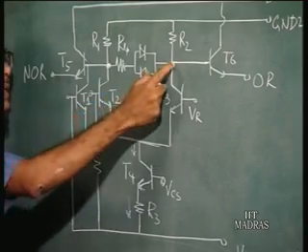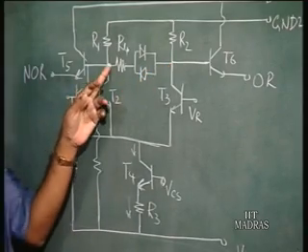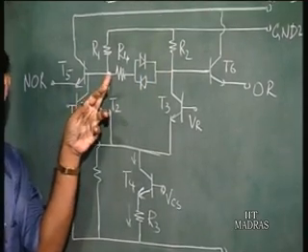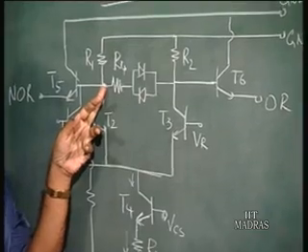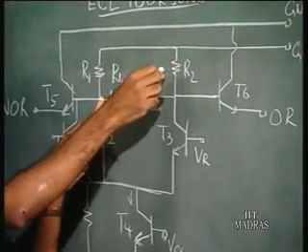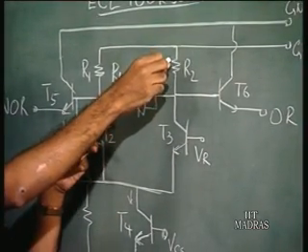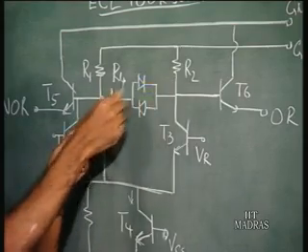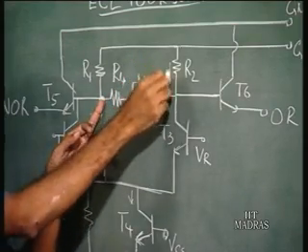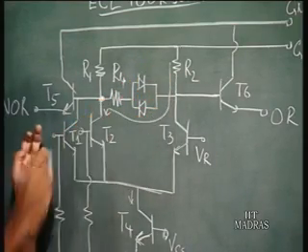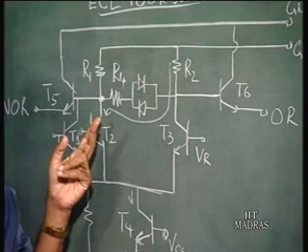Now, what happens with the other output? If this voltage changes, say by 1.5 millivolt per degree centigrade, with increase in temperature, there is going to be a current flowing in this path, and this current is also going to increase.